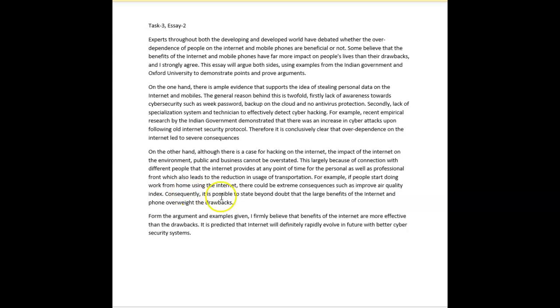Okay, yeah, so then you say the large benefits, but you didn't really talk to us about large benefits. You talked about basically working from home, and then we're supposed to assume that we're dependent on the internet if we're working from home. That was another thing that I thought you should have really said here. You said if people start doing work from home using the internet, talk to me about dependence.